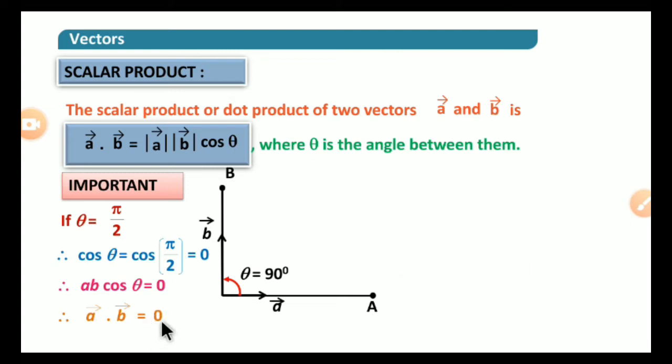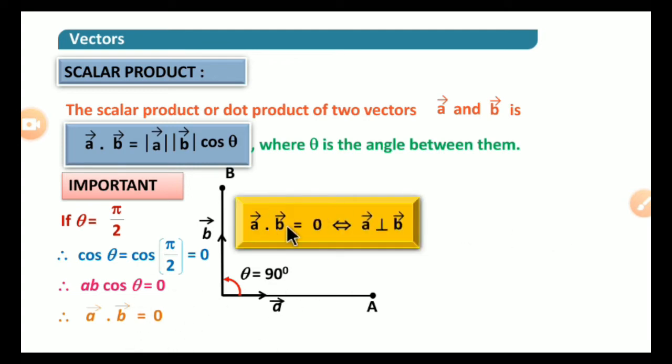So it is a scalar, a real number, because 0 is a real number. Therefore, A dot B is equal to 0. That implies A is perpendicular to B. Similarly, in reverse order, if A is perpendicular to B, then A dot B is always equal to 0.